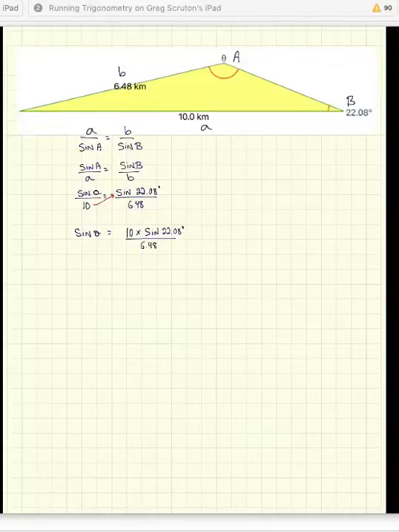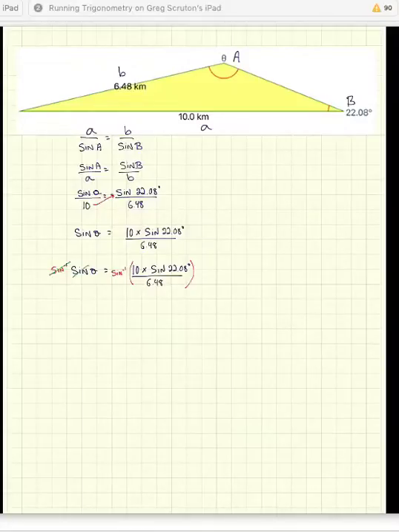Okay, I'm going to take the inverse sine of both sides. And we end up with these two things are going to totally cancel. So the inverse sine and the sine will cancel, leaving us with theta.